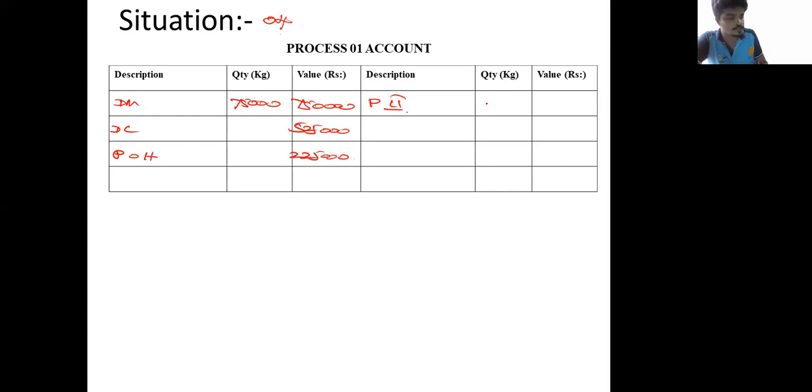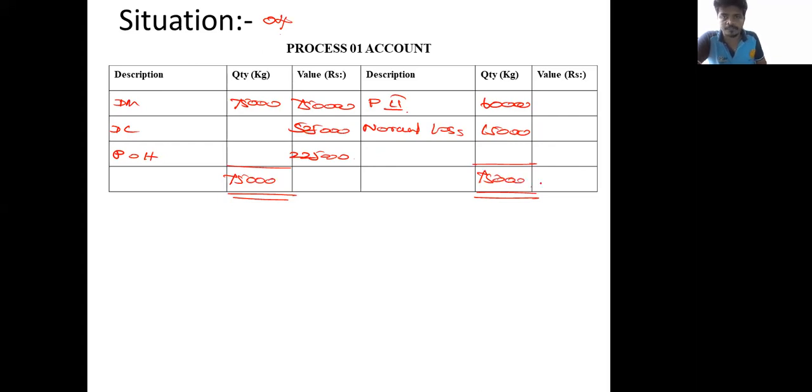Output transferred into process 2 account 60,000 and normal loss is 15,000 kilograms. Now we can check whether our quantity columns are equal or not. Yes, those are equal to 75,000.